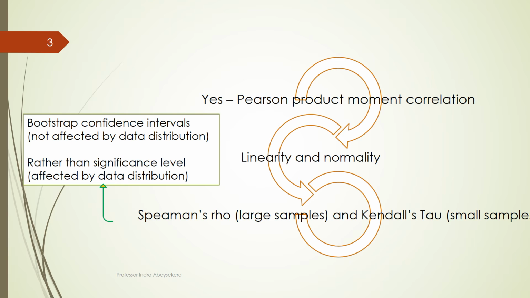But if the two variables do not conform to those assumptions, linearity and normality, then we can use Spearman's rho. We can use Spearman's rho for large samples or Kendall's tau for small samples. There's also another option.